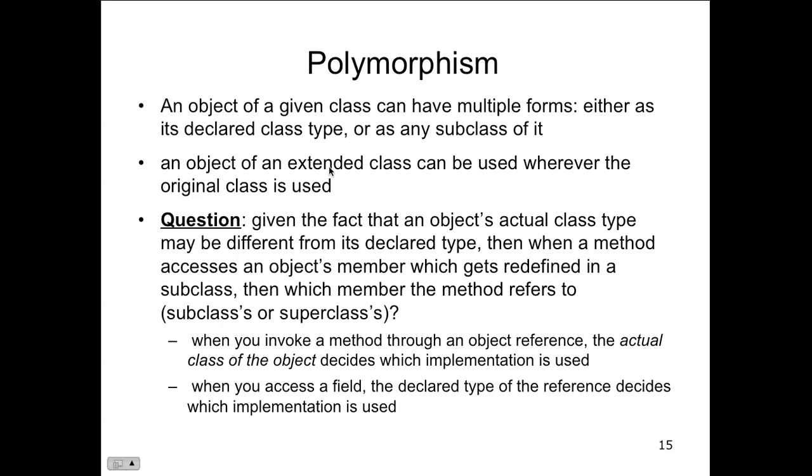An object of an extended class can be used wherever the original object is used. So that's where we come back into that concept of compatibility and type casting. It's not casting a type, it's polymorphic. It's transforming that student back into a person, or that CE student back into a student, which is different than casting in C and C++.